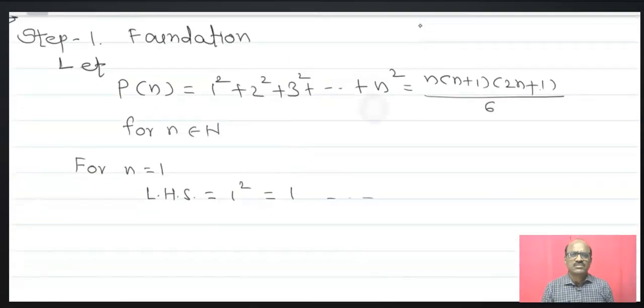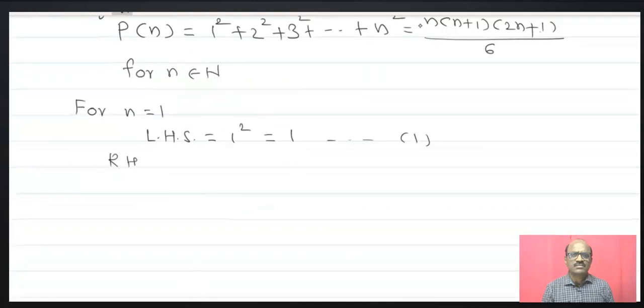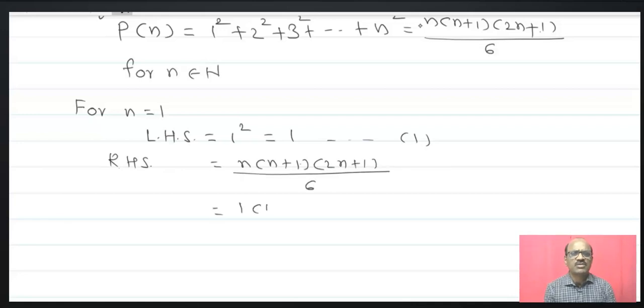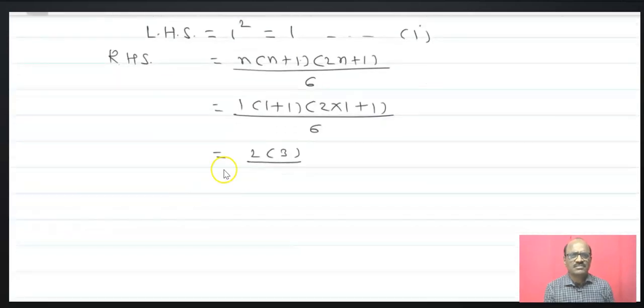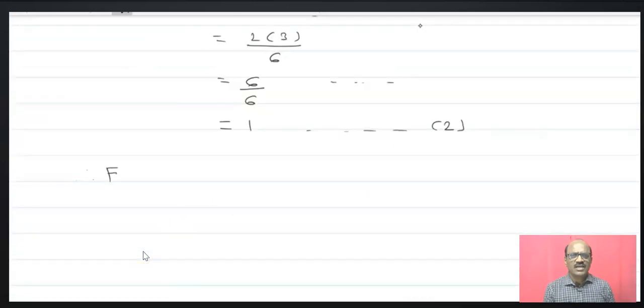That is, LHS is equal to 1 square, and RHS is equal to n(n plus 1)(2n plus 1) upon 6. We replace n by 1 and make the simple calculations here. That is 6 upon 6, that is, LHS is equal to RHS.